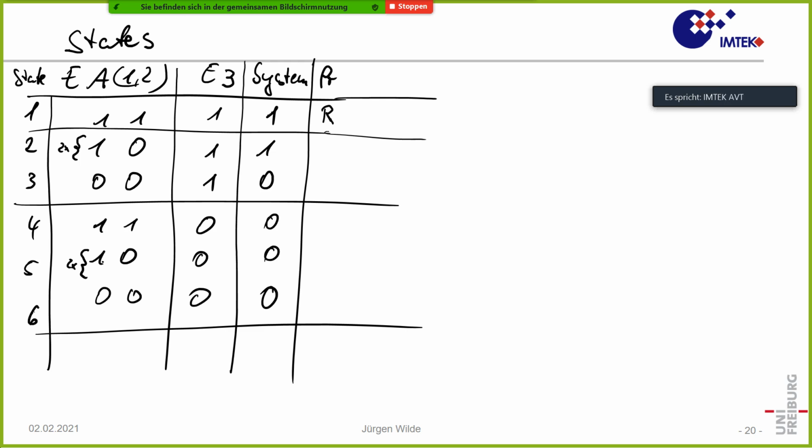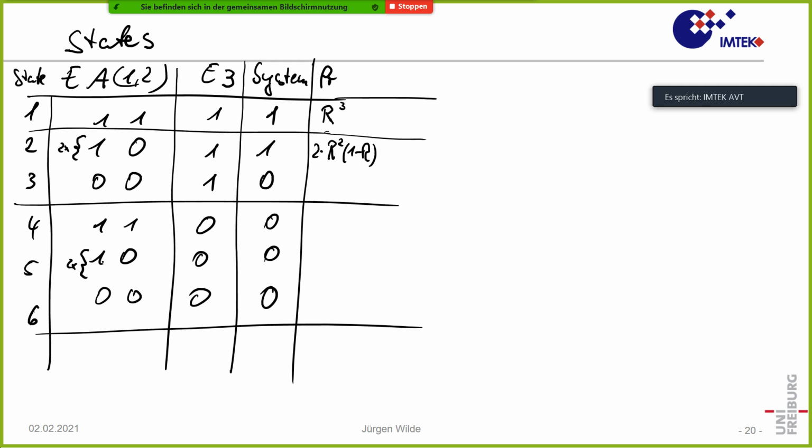No, the reliability of the elements multiplied. Yeah, so it's r to the power of 3. What is the probability here? Yes, and times 1 minus r. Yeah, okay.